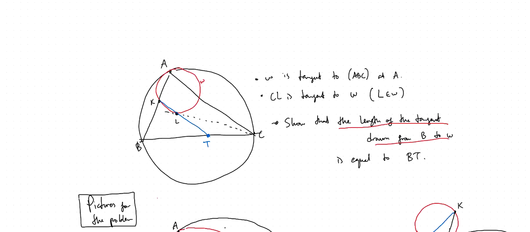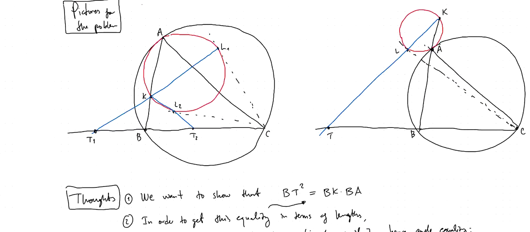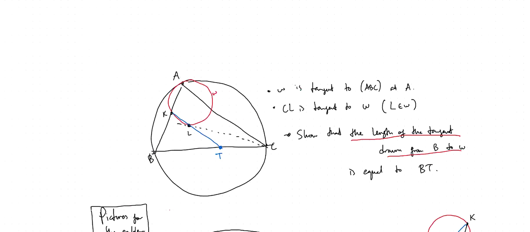Well, first of all, in order to understand the length BT, my triangle must have B and T in it. So BT something. What can be the third point? Here, of course, BTL is not a reasonable triangle, because I have no information about the line BL.